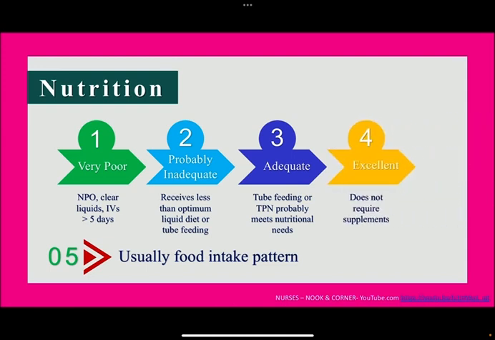You can grade the patient 4 for excellent intake because the patient eats all his full food without any assistance and does not require any supplement, so you'll grade him number 4.